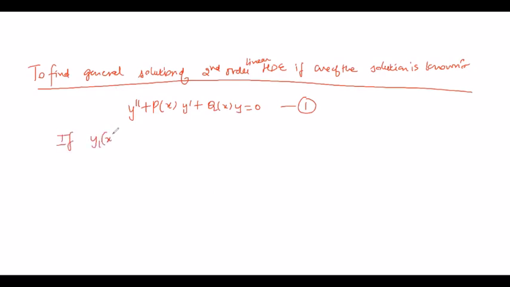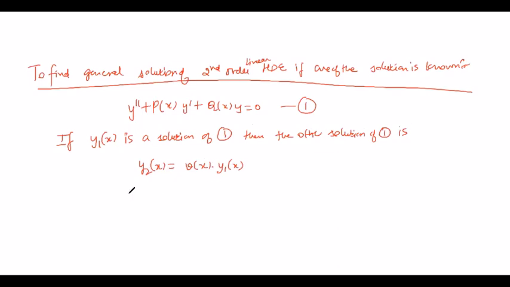If y1(x) is a solution of equation 1, where solution means a particular solution, then the other solution of 1 is y2(x) equals v(x) times y1(x), where v(x) is the integral of 1 over y1(x) squared times e raised to power minus the integral of p(x) dx, dx.